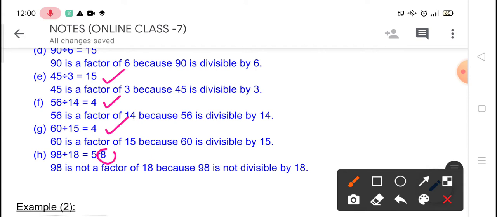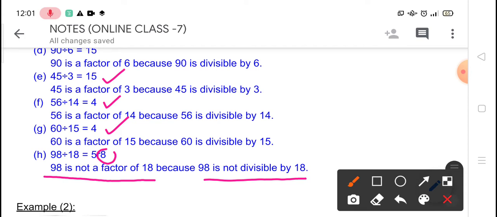So from this question, 18 is not a factor of 98 because 98 is not divisible by 18. Okay, so this is how we determine whether a given number is a factor of another whole number. Just perform division. If it can divide, yes, factor. If it can't divide, no, not a factor.